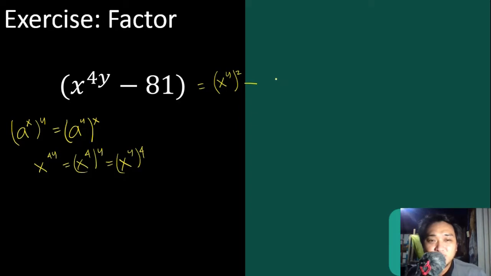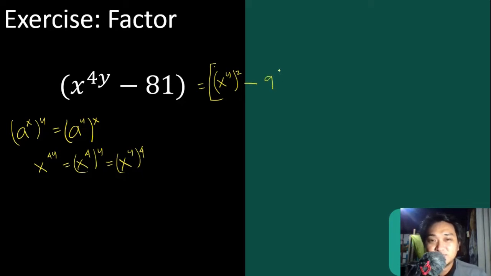Minus, what will be the square root of 81? The square root of 81 is 9. So, if the square root of 81 is 9, therefore, our factor would be x raised to y raised to another power of 2, and that is 9 times 9. No? 9 times 9 is 81.